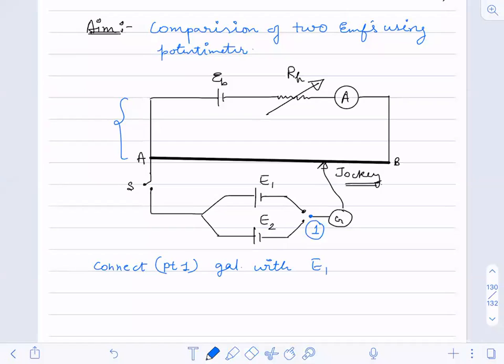So first of all, we are connecting this galvanometer with the first battery. That means the connection established is like this.